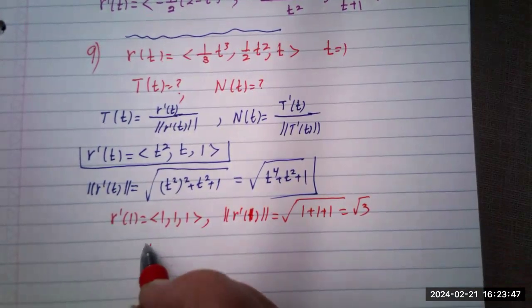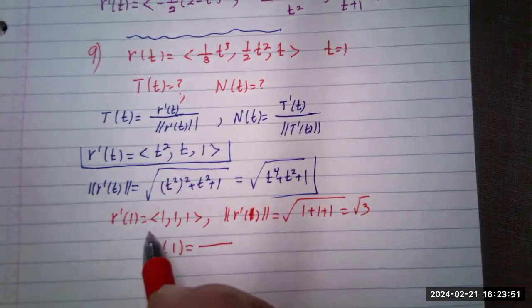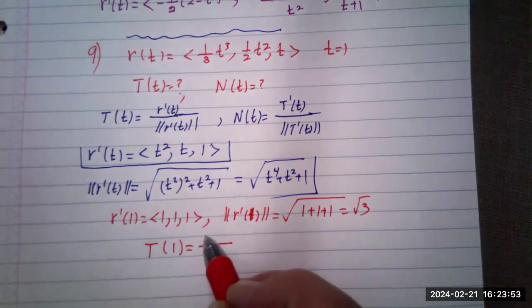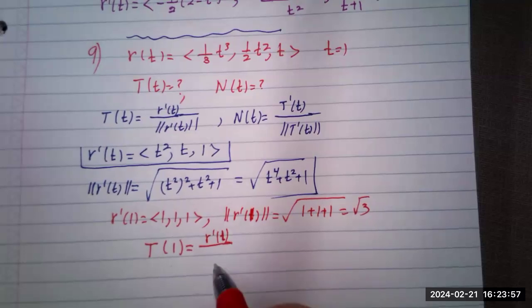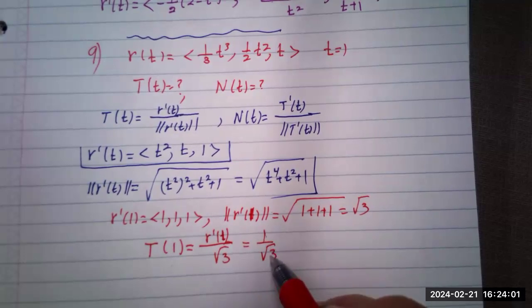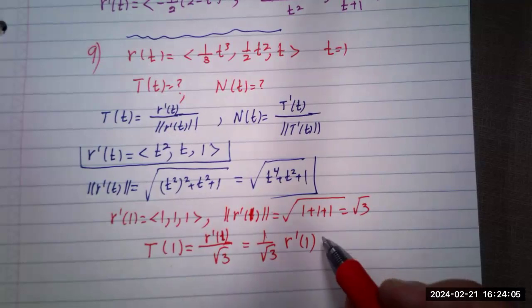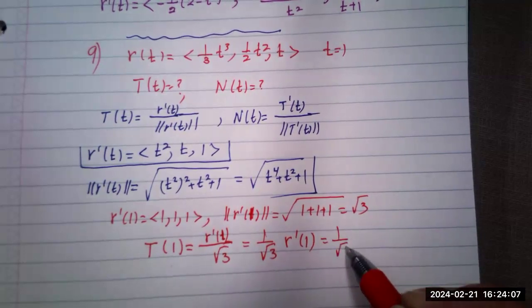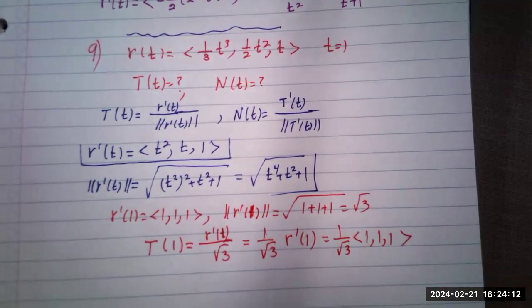So the tangent vector at 1 is going to be r prime of 1 divided by radical 3, which is the same as 1 over radical 3 times r prime of 1 as a vector. So as a vector it is 1, 1, 1.